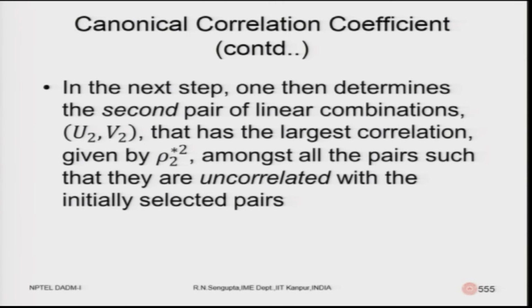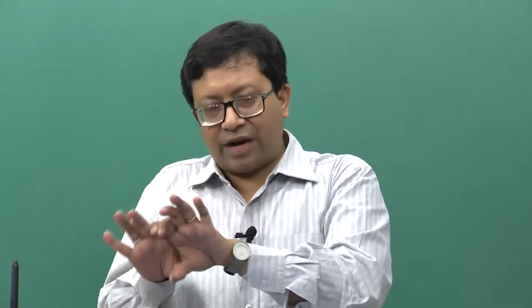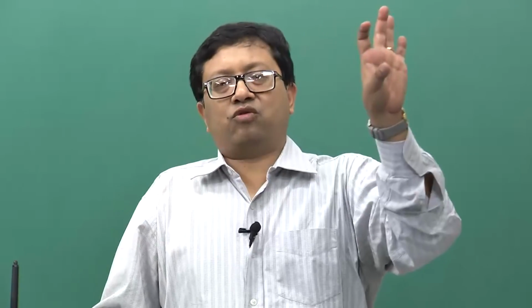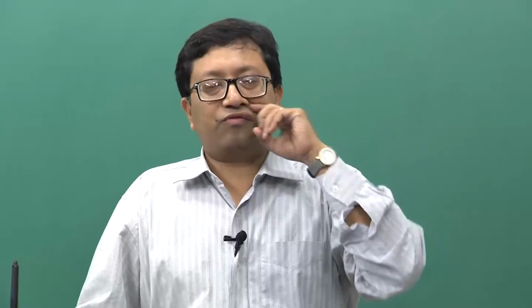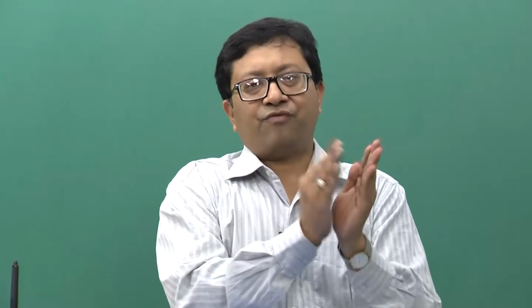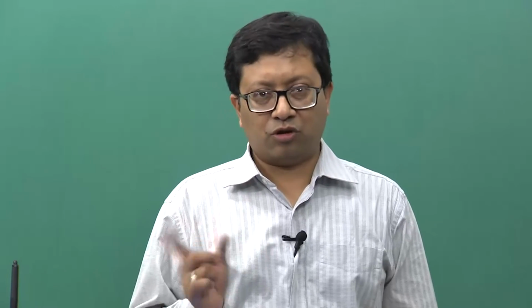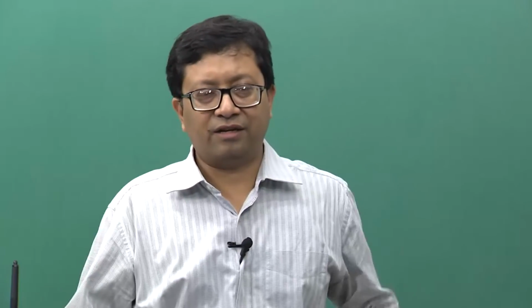So, for the initially selected pair u1 v1, you try to find the second set such that you get the maximum correlation, provided u2 v2 are not correlated to u1 v1. So you are trying to group them and find the orthogonal relationship between u1 v1 as a group with respect to u2 v2, because they are uncorrelated, which means they would be orthogonal to each other, at 90 degrees.